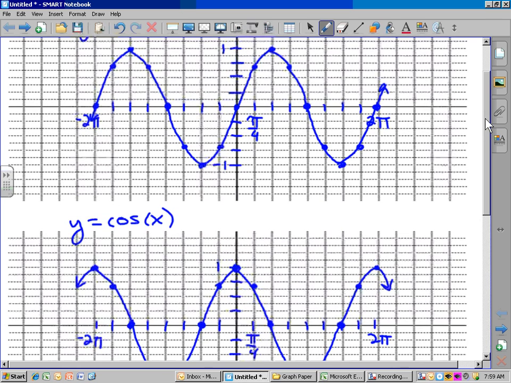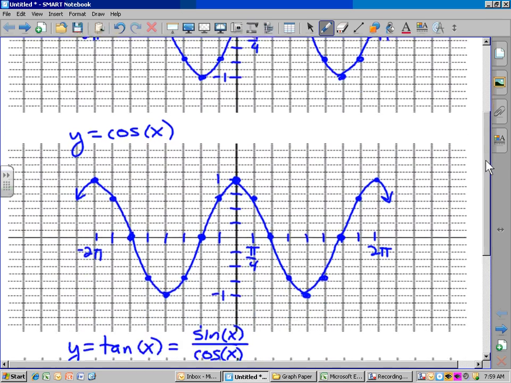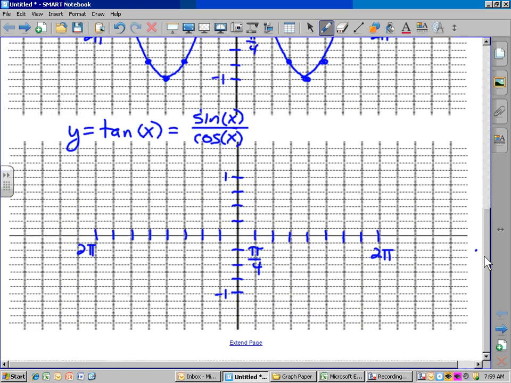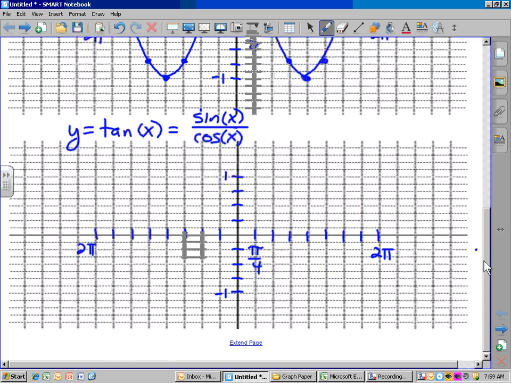So the y value would be 0. And where's cosine at? 1. So where would the tan of 0 be? 0 over 1, which is clearly 0. Right? 0 divided by anything is 0. So tan's also going to start here at 0.